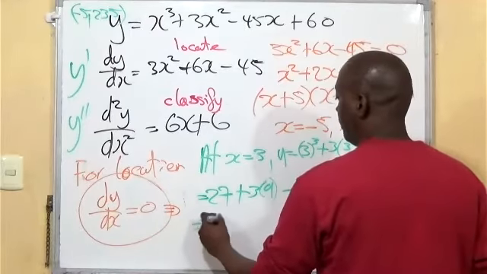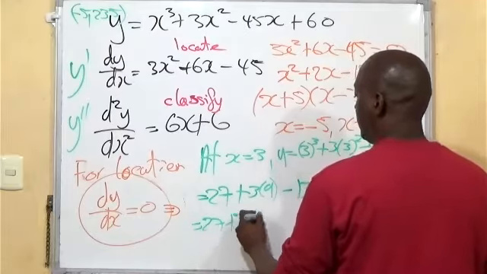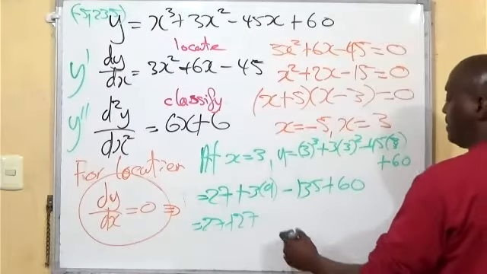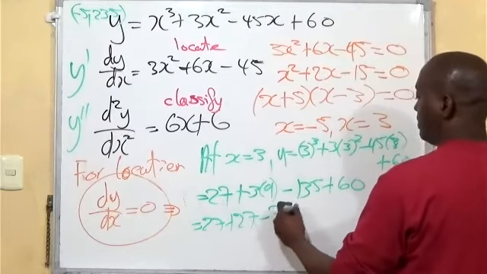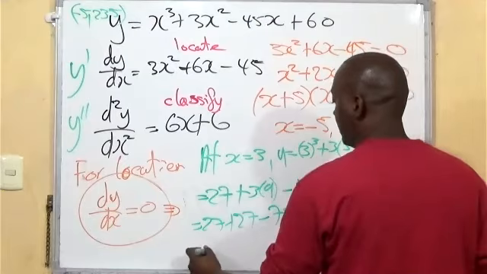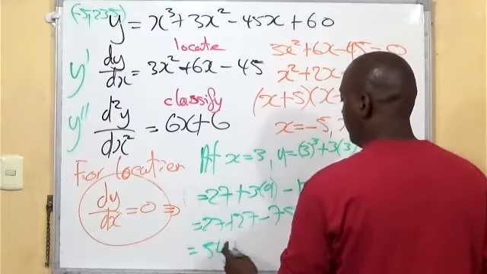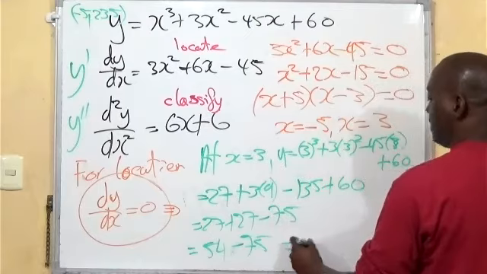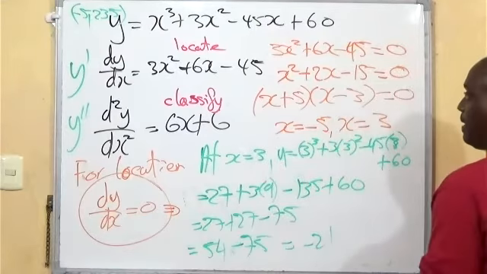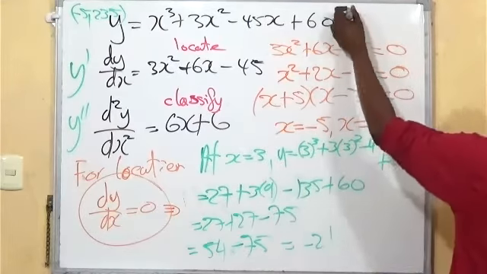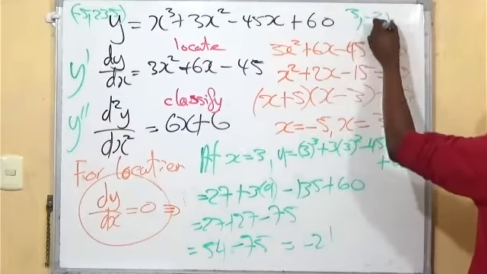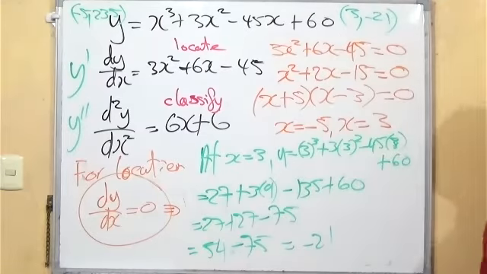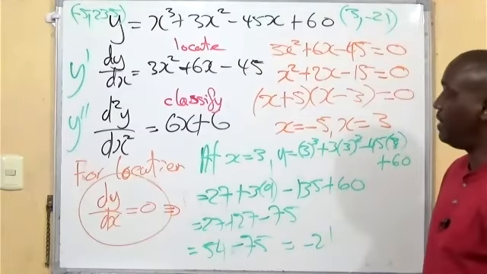So 27 plus 27 minus 135 plus 60 is minus 75. So you get 54 minus 75, which is minus 21. All right, so the next point would be 3, minus 21. So you have the two stationary points.